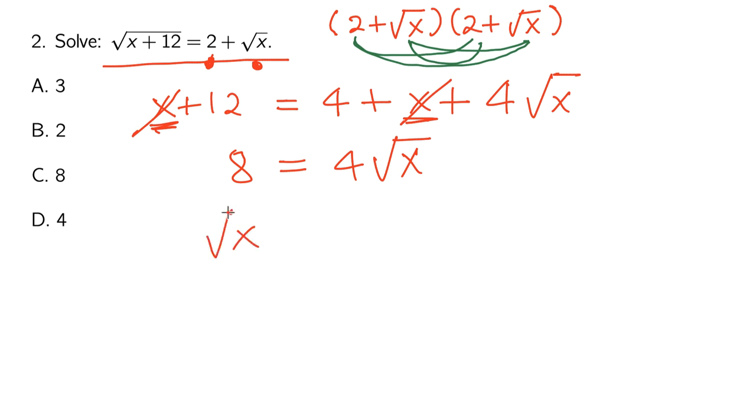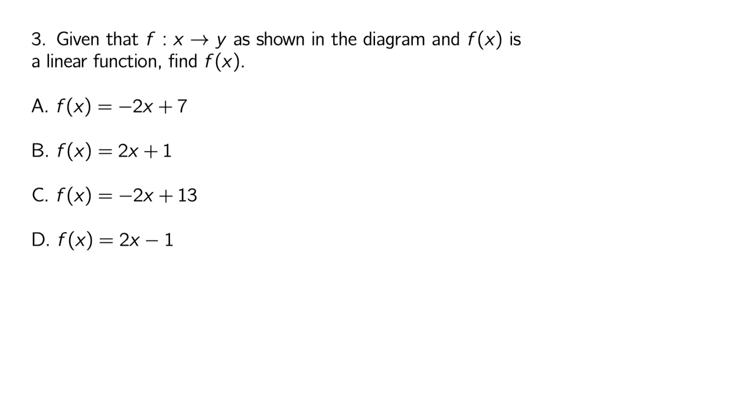If we divide both sides by 4, we get square root of x equals 2. Now if the square root of a number is 2, what is that number? That number is 4.